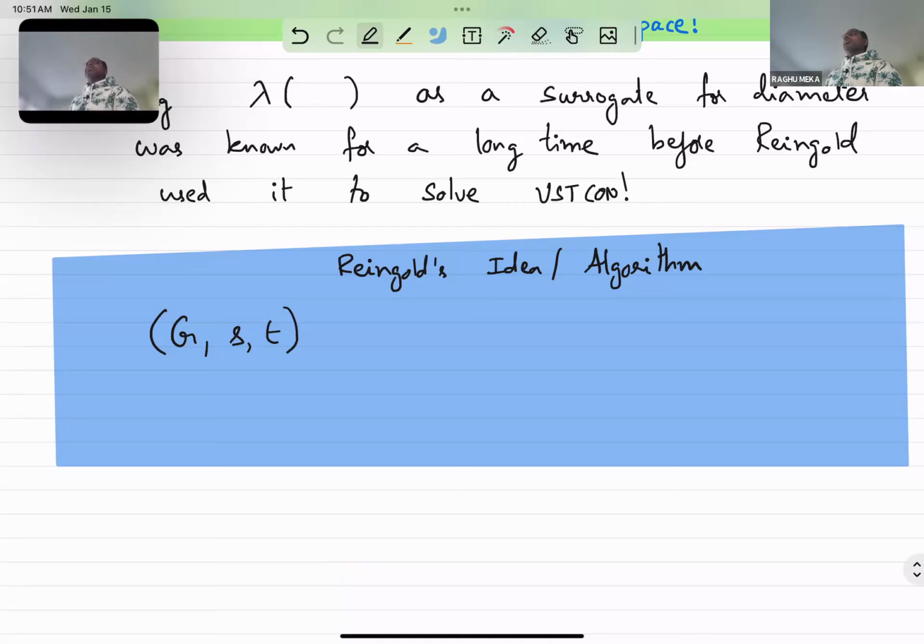So we are given as input an original graph G, some starting vertex S, a target vertex T, and we want to know if these are connected in the graph G. Okay.